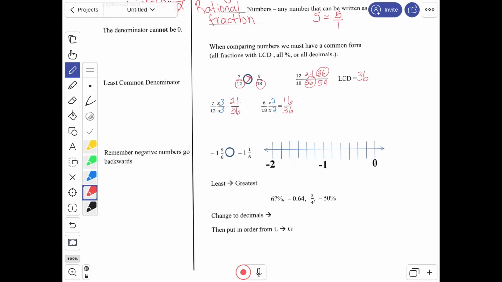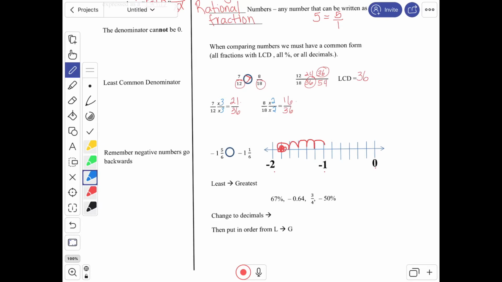Sometimes we can use a number line to compare numbers. And we need to remember that negative numbers kind of look like they're counting backwards. So we go 0, -1, -2. -1 and 5/6 would mean that we go to -1 and then 5/6 more. So 1, 2, 3, 4, 5. It would be right there, the first number.